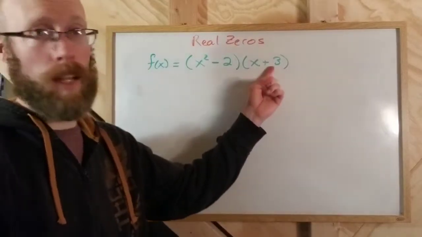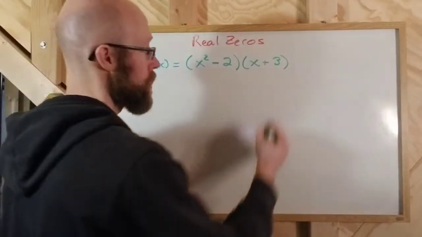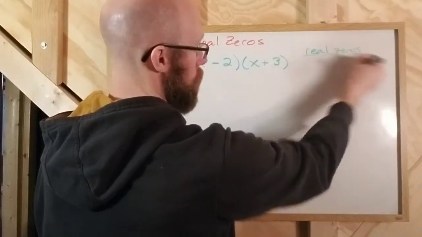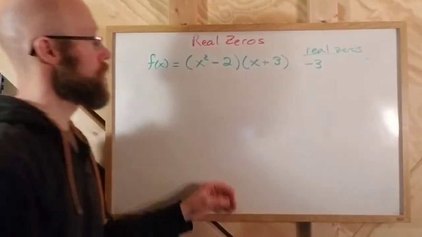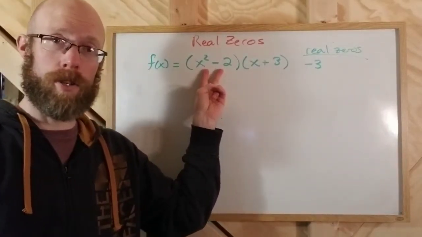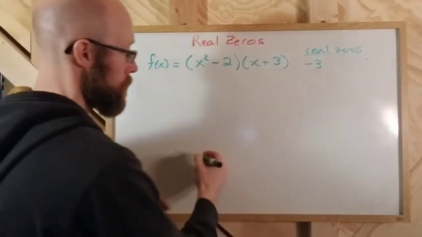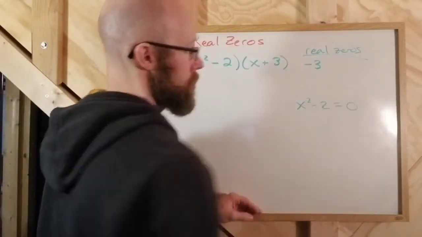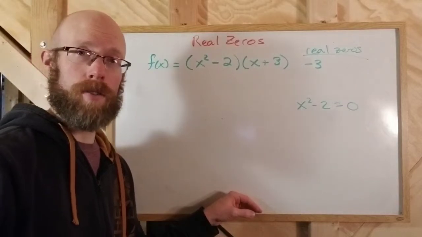Well, obviously -3 is one of them, right? So if I list out the real zeros, one of them is -3. But I can also get some real zeros off of this x squared minus 2, right? So if you think about how to find those, you would take x squared minus 2, set it equal to 0, and solve for x.